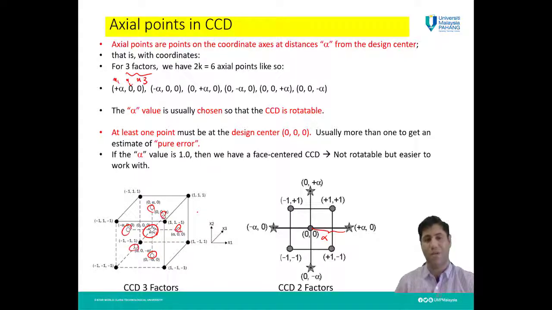Later, as I said, I will discuss what rotatable is. But if we want to have a rotatable CCD design, we need to select alpha according to a table which I will show to you. And in this design also, we need to have at least one center point at the center of the design space, like this star which we have here, whose values for x1, x2, x3 will be 0, 0, 0.